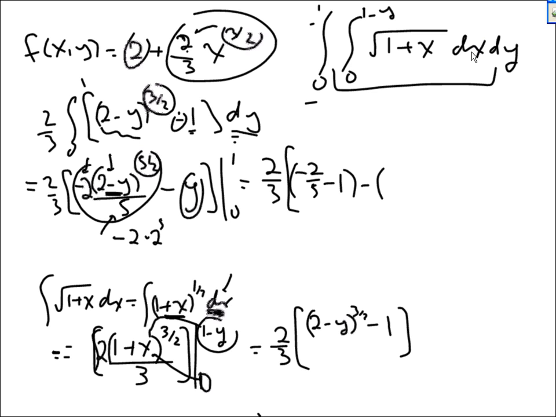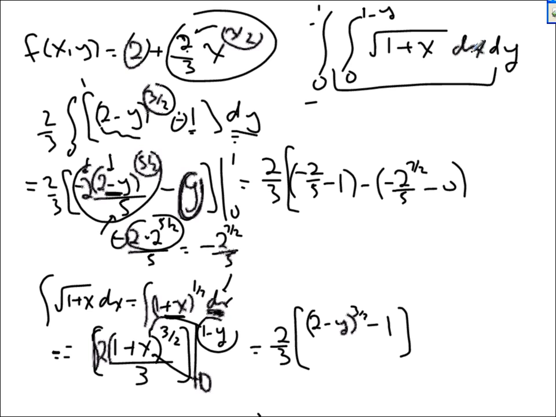You get 2 to the 5 over 2 over 5. There's that negative. I can combine those 2's. Add the powers. Get 7 over 2 over 5. Negative 2 to the 7 over 2 over 5 minus, when you plug in 0, you get 0. So minus 0.